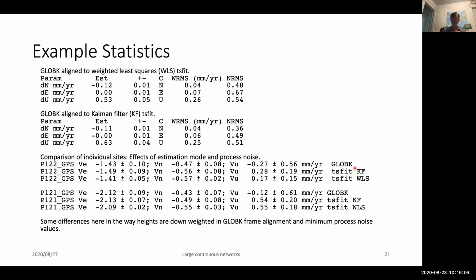And again, the final thing you worry about with all of these Kalman filter type approaches, both GlobK and the Kalman filter in TS fit, is that it does tend to weight the data more at the beginnings and the ends of your time series as you go through these types of results. And again, this is not a perfect exact comparison. There are differences in the way the alignment was done precisely between those two as we go through.